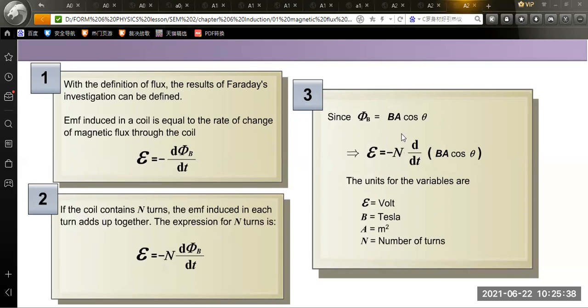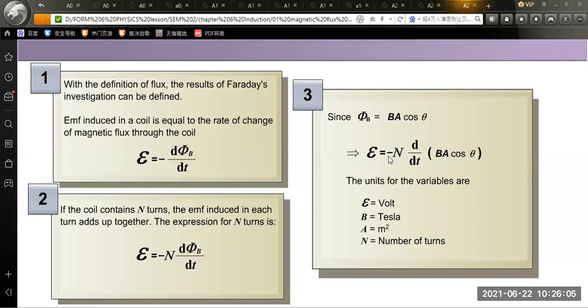Since the magnetic flux is equal to BA cos delta, EMF is equal to negative N d over dt of BA cos delta. This will be the formula used to determine the EMF.